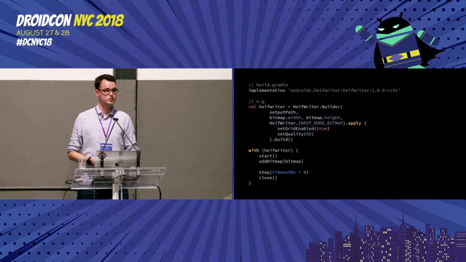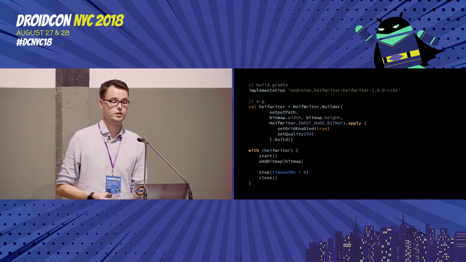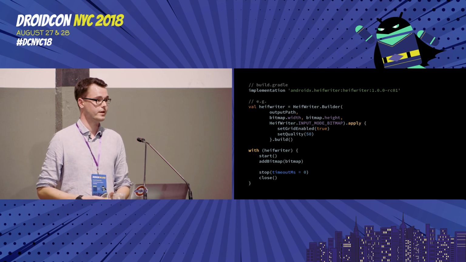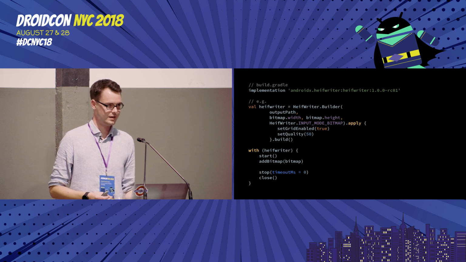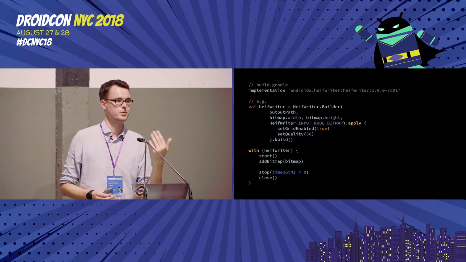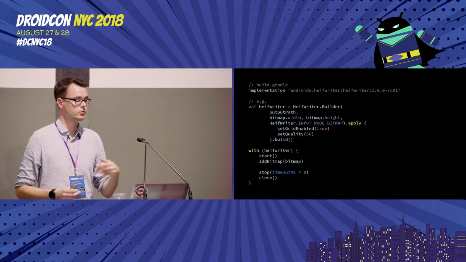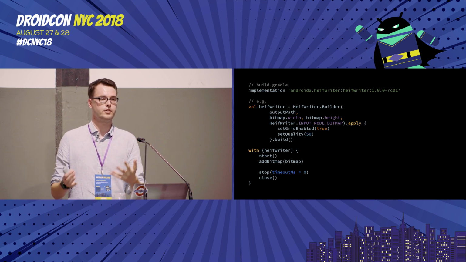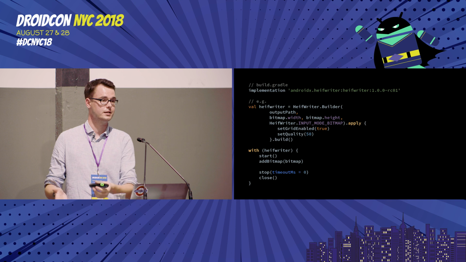So what you need to do is add the HEIF support library, then instantiate your HEIF writer, and then you can go ahead with that HEIF writer and add the image information. And there's a reason why this isn't as easy as your bitmap.compress, and that's because the codec is reusing the parts of the hardware that's actually already dealing with the videos.